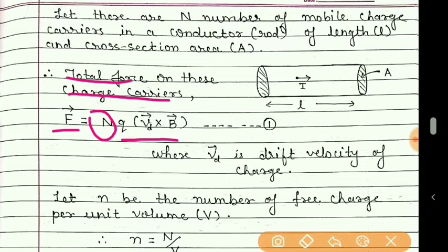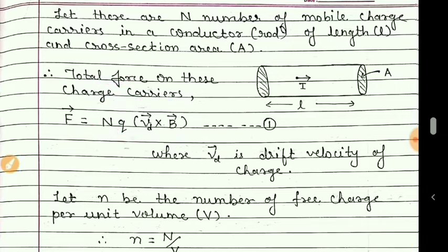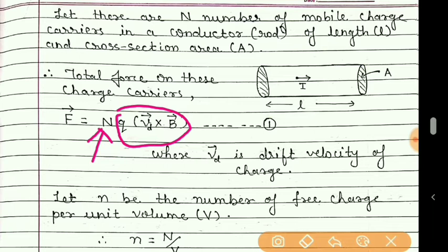If there is a single charge, then the force will be only this much. But as there are N charge particles, the force will act on all the charge particles which are free. So here this F is the resultant force, or the total force, acting on all those charge particles.